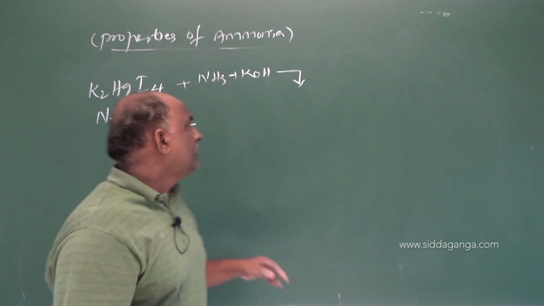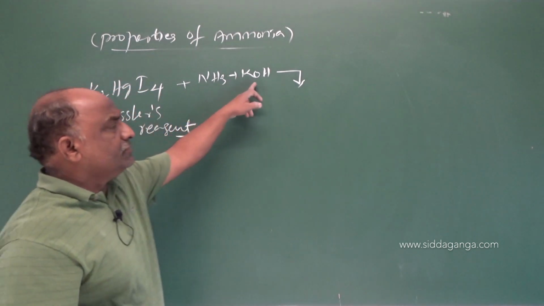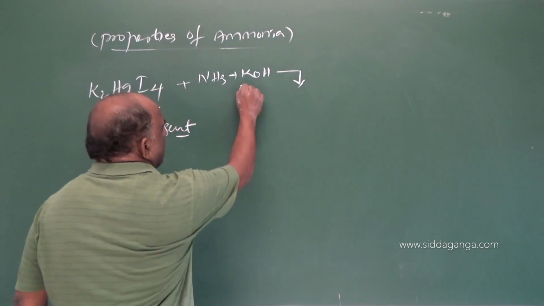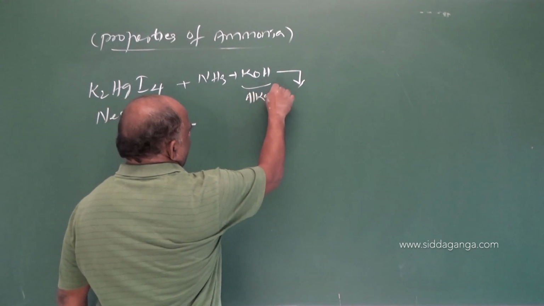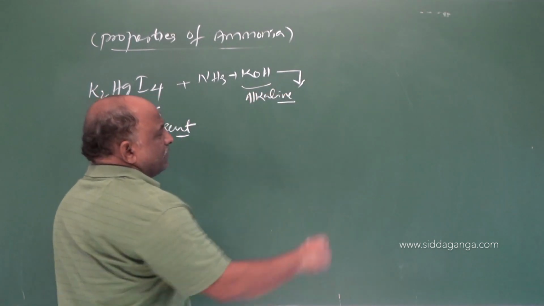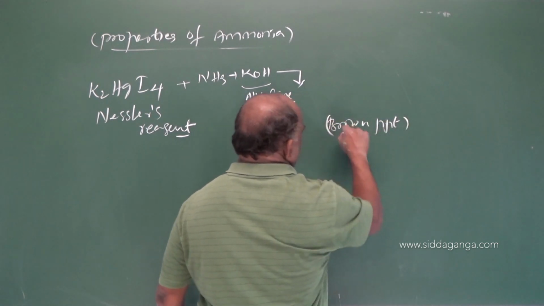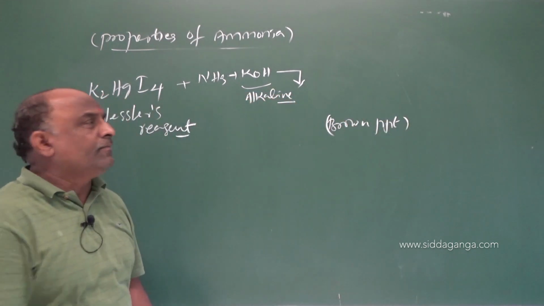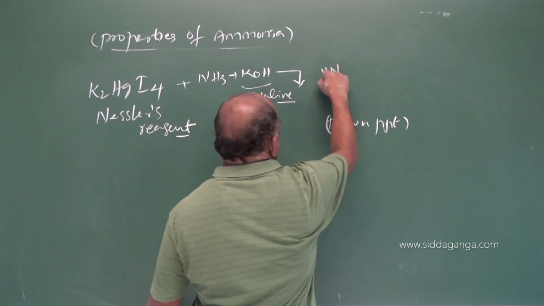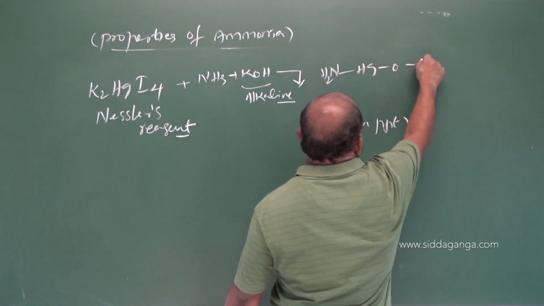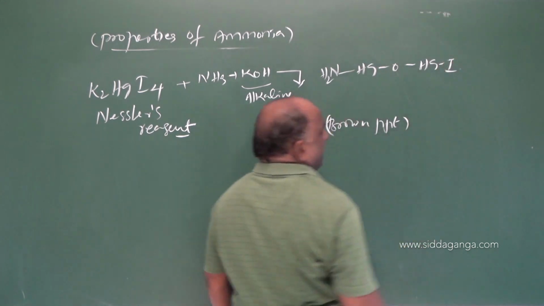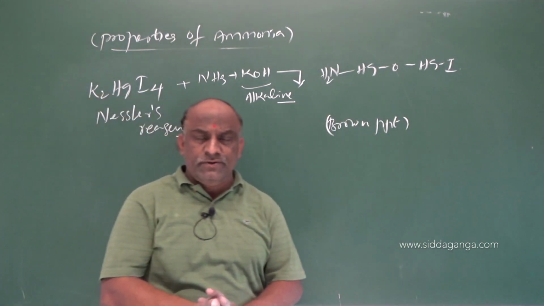Nessler's reagent's molecular formula is K2HgI4, and here we should consider KOH, which is the alkaline solution. Then we will get a brown precipitate. The formula of the brown precipitate is NH2HgOHgI. Very important. This was a previous entrance examination question.